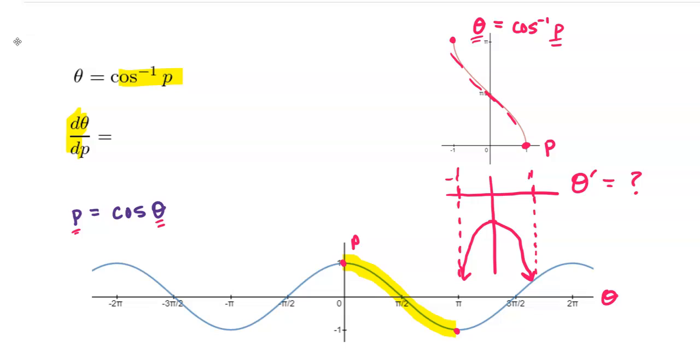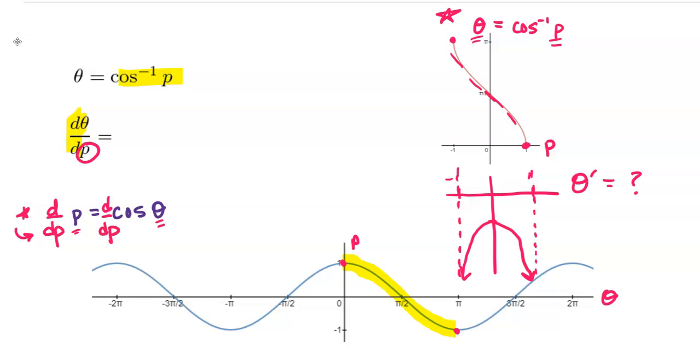So these two equations are saying the same thing in different ways. Let us then take the derivative of this one, where we know the derivative of everything. We want d theta dp, so let's take the derivative with respect to p of both sides of this equation.